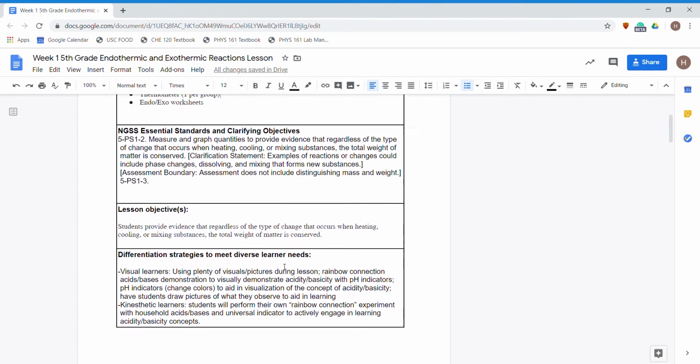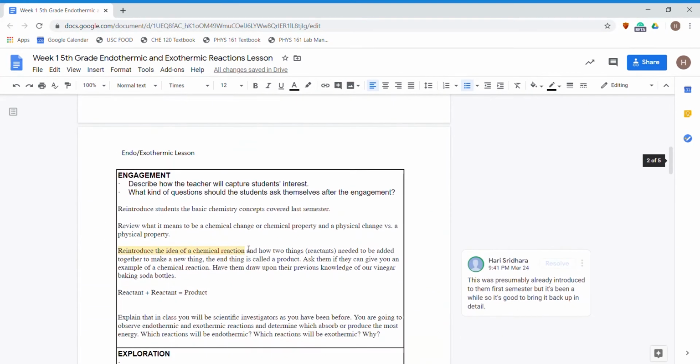Going forward, let's look at the engagement and the review that we should do from previous lessons. This lesson is especially a little bit weird just because the 5th grade curriculum of the fall does a lot of chemistry, I think, in the last 3 or 4 weeks of the semester.